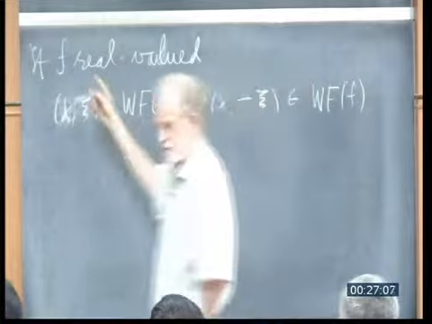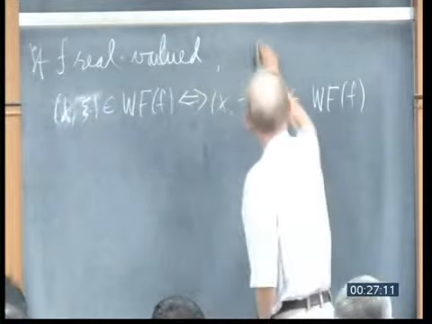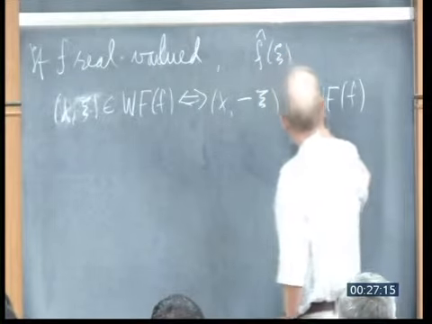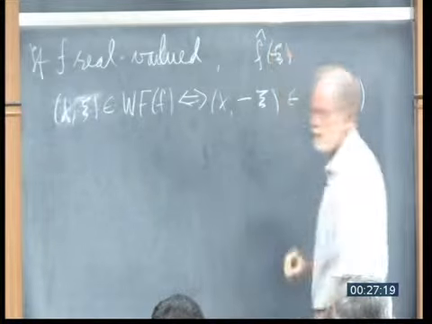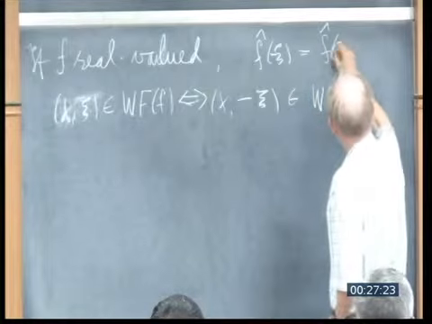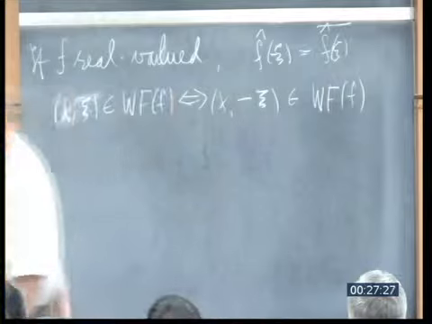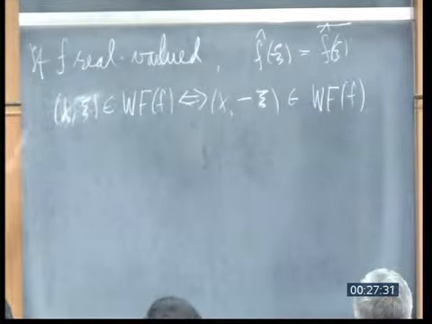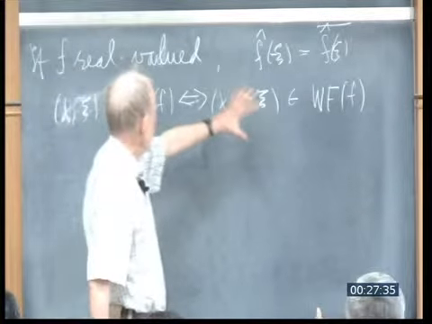This is because the value of the Fourier transform for the opposite side is just the complex conjugate.